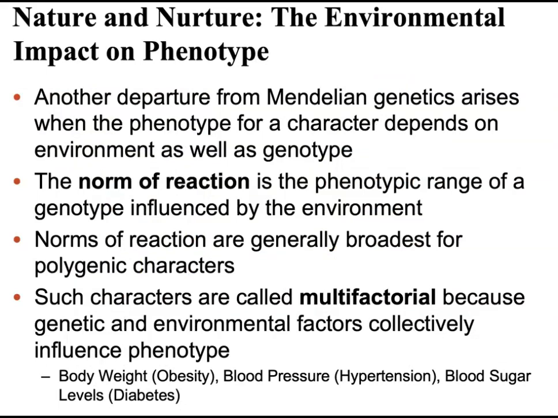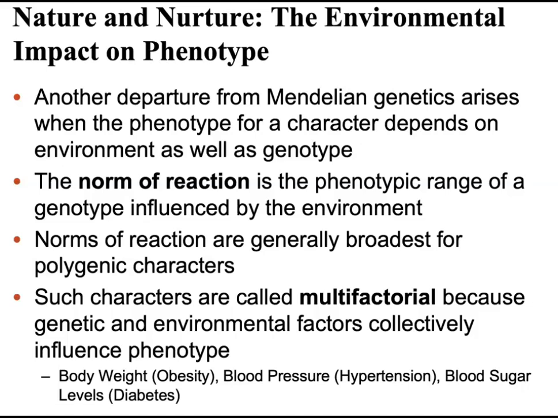We can't discount the impact environmental factors have on our phenotype. Another departure from Mendelian genetics arises when the phenotype for a character depends on environment as well as genotype. This is the classic nature versus nurture debate. The norm of reaction is the phenotypic range of a genotype influenced by the environment.